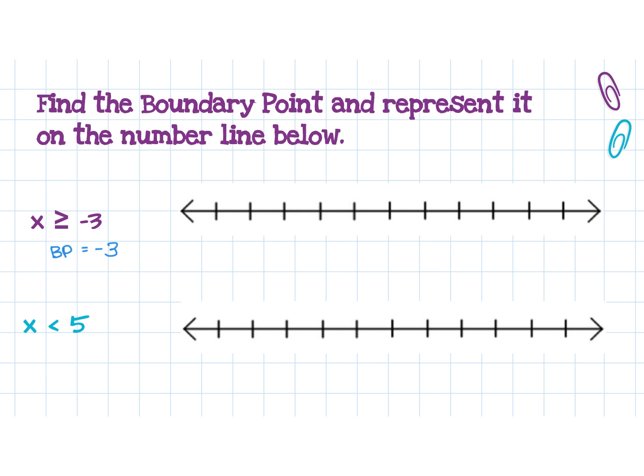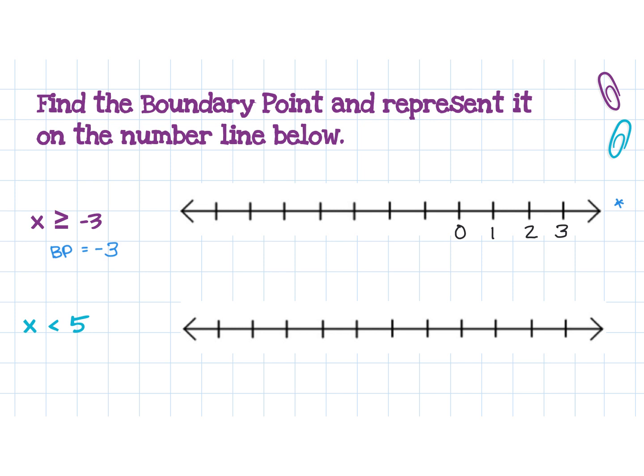What you need to do is set up your number line so that -3 lies somewhere that lets you show the extension of where the inequality is on either side of -3. For this inequality, I'm going to set up the number line so that my -3 has numbers after it. So I'm going to push my 0 to here, and then I'll fill in my positive values moving forward.